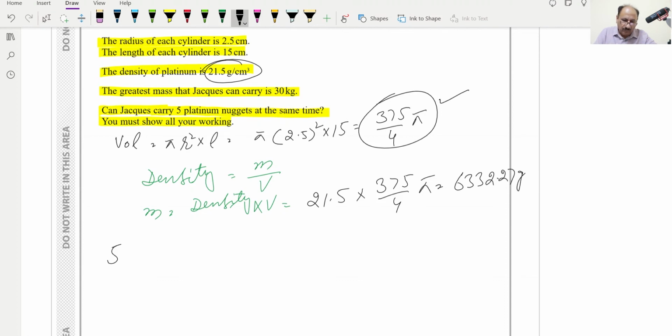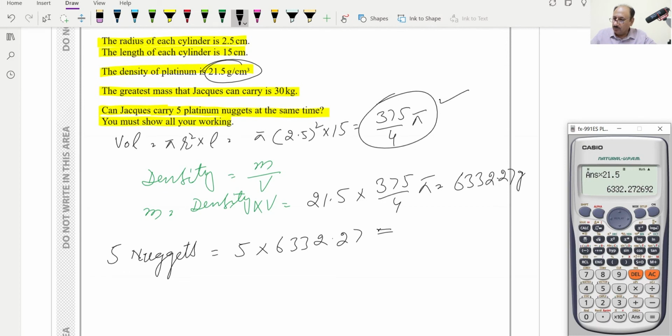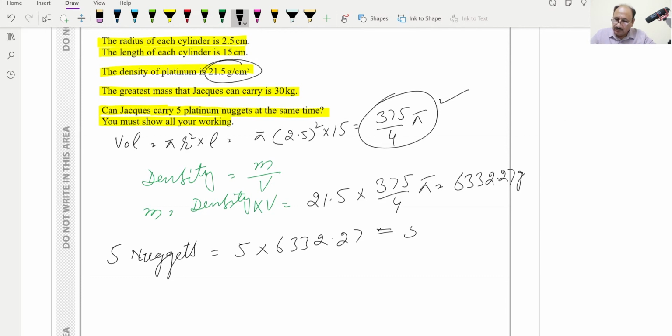So 5 nuggets will have a mass of 5 multiplied by 6332.27, and this is equal to 31661.36 grams.